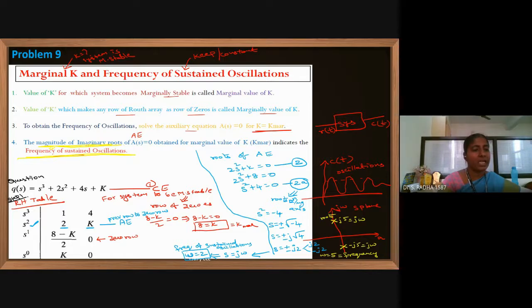After the RH table, for the system to be stable, this is our step number 2, we are finding the k value. Then we are considering the auxiliary equation. Step number 3, we are considering the auxiliary equation and finding the roots of the auxiliary equation.